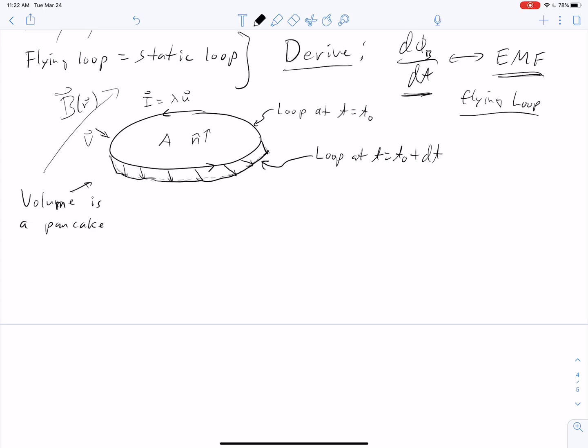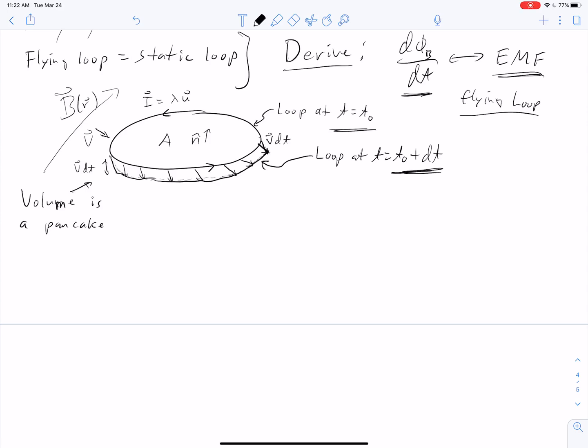I can think of the volume where I have the loop at time t naught and the loop at time t naught plus dt, and here there's some ribbon around the loop. You know what that distance is. That distance is v dt. That's the thickness of the pancake.